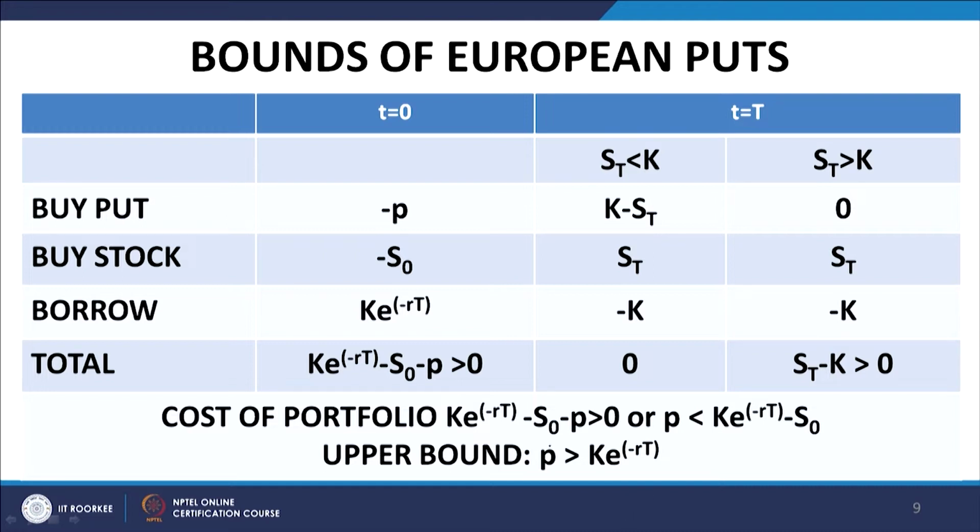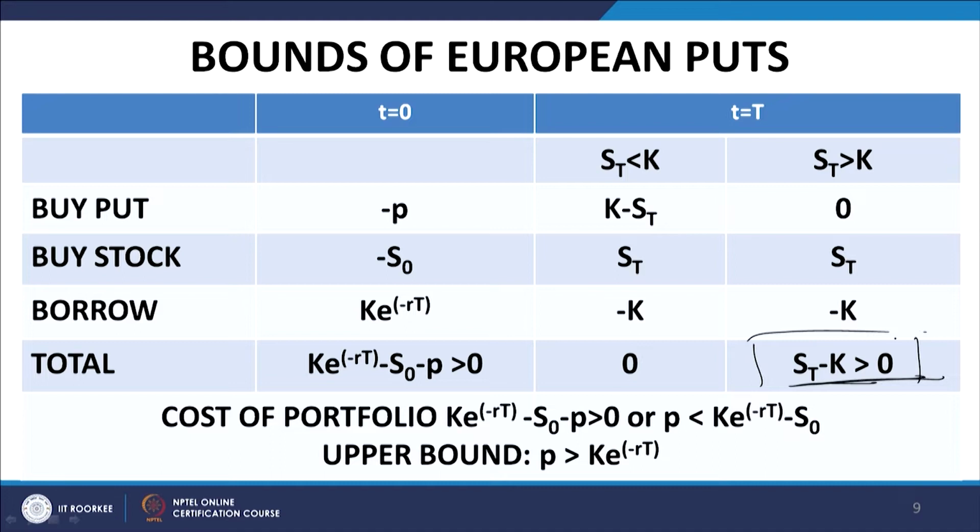If you borrow a certain amount, it is an inflow here and it happens to be an outflow here. So, adding all this, S t and S t cancel out, K and K I get 0, and here I get S t minus K, but please note S t is greater than K. Therefore, S t minus K has to be greater than 0.